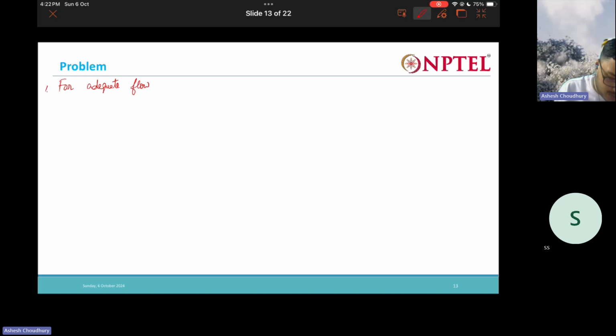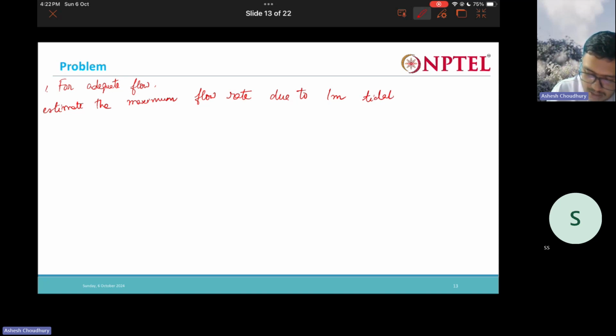Adequate flow: estimate the maximum flow rate due to 1 meter tidal lag.